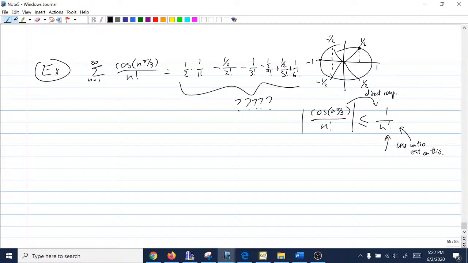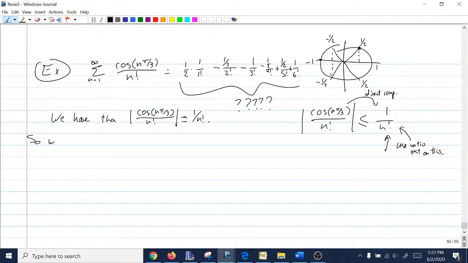And I guess I don't really need a big math display to do that inequality, that's obvious. We have that absolute value cosine n pi over 3 over n factorial is less than or equal to 1 over n factorial.